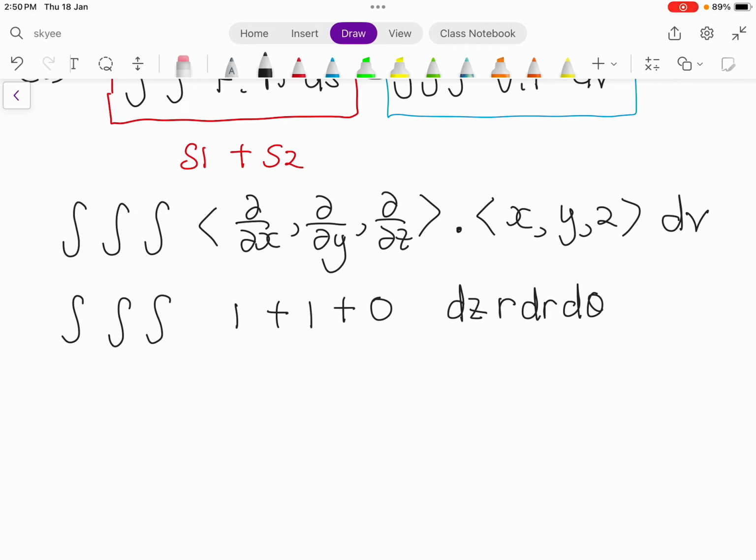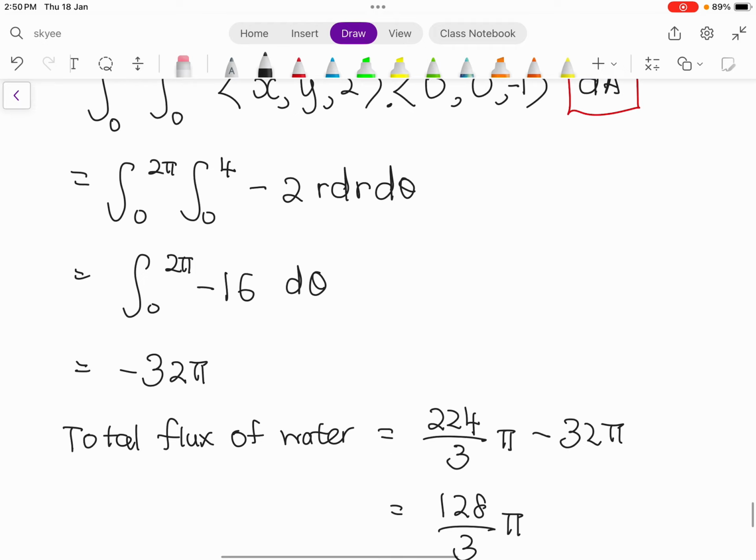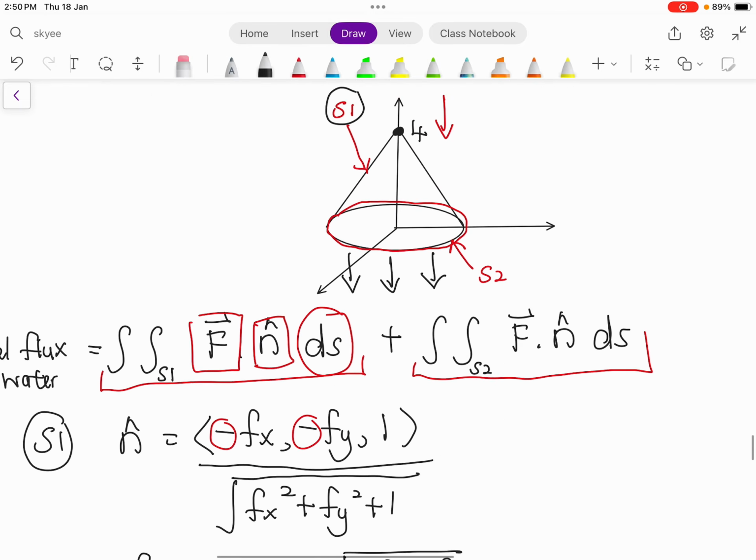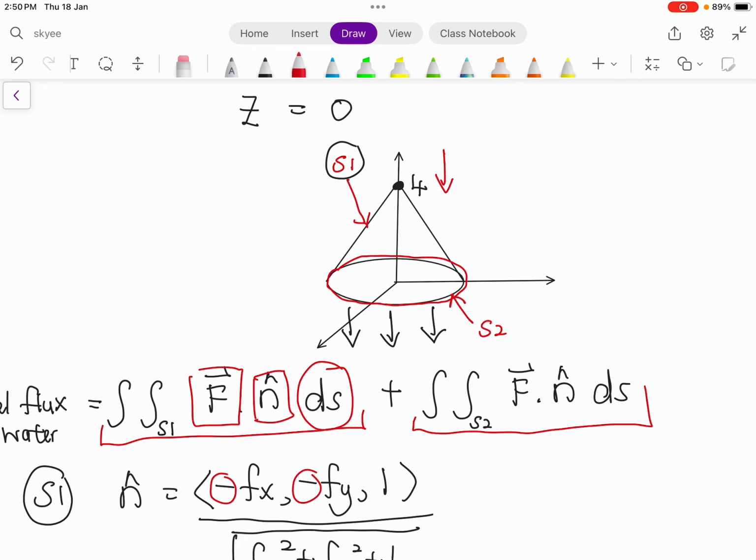Now we have to define the interval for z. You have to look at your 3D graph again. Imagine you are sitting inside and you want to define the dz. When you look down, you see this horizontal plane at the position z equals 0.